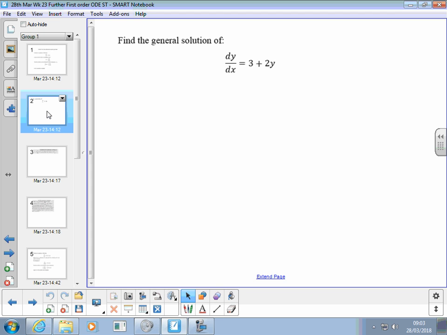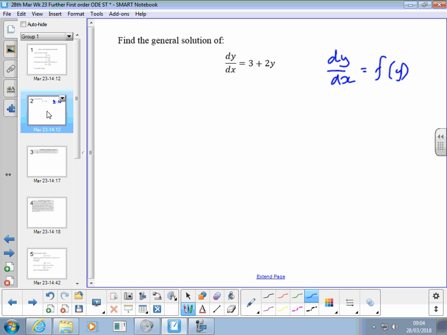Find the general solution of dy by dx is equal to 3 plus 2y. So that is in the form of dy by dx is equal to some function of y.